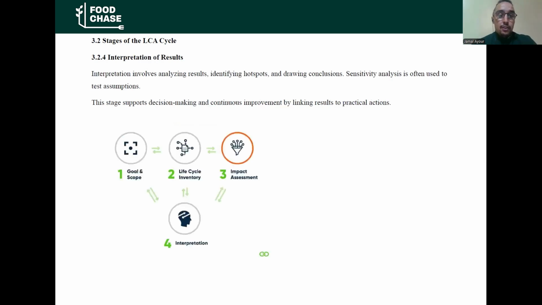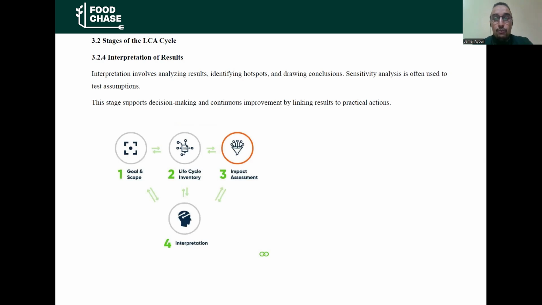And the last stage of the LCA cycle is the interpretation of the results. These results we discuss across the history of your production chain. We identify hotspots and draw conclusions.